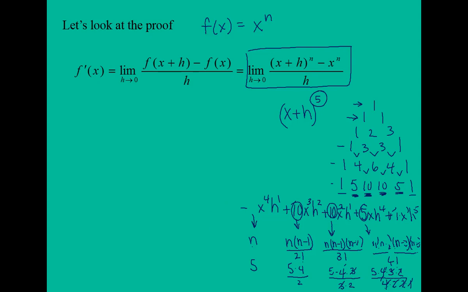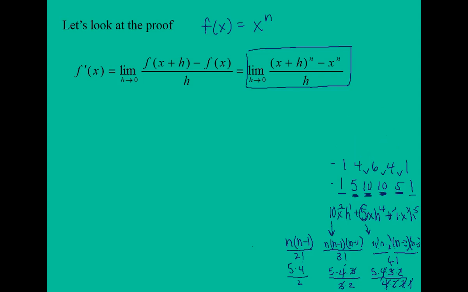So let's get a little bit more room here, and then let's continue on with our proof. We're going to show what the derivative of x to the n equals. Need a bigger eraser.